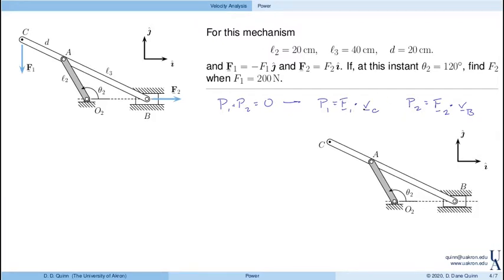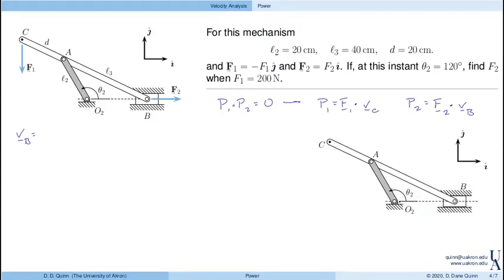So first, let's figure out what we need to calculate in order to apply this power equation. Well, I need to know the forces, which, I know F1. F2 is my unknown force, but I know the direction. I also need to calculate the velocity of C and the velocity of B. Here, the velocity of B is the derivative of the position of B. In order to do that, I need to identify the position vector.